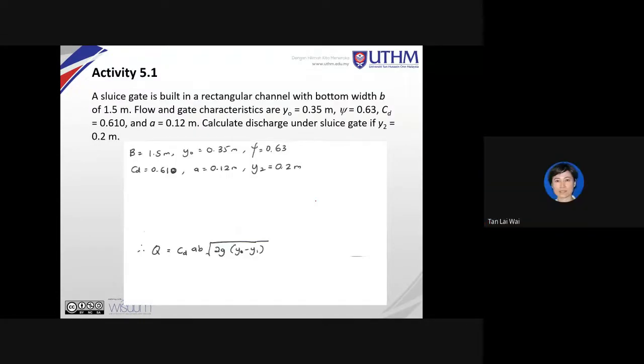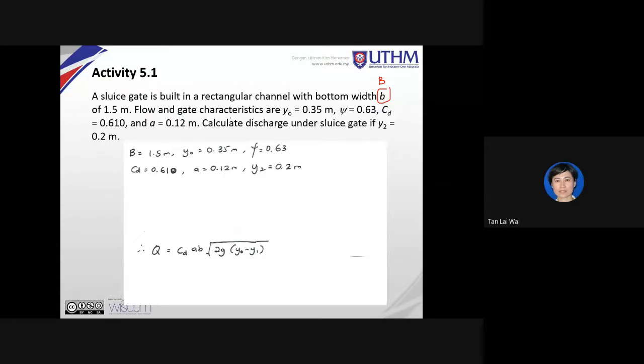Let's look at one activity. We have a sluice gate built in a rectangular channel with bottom width 1.5 meter. Normally, we use uppercase B for the width.